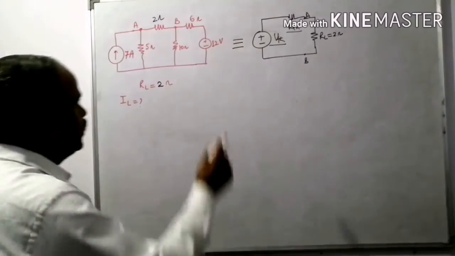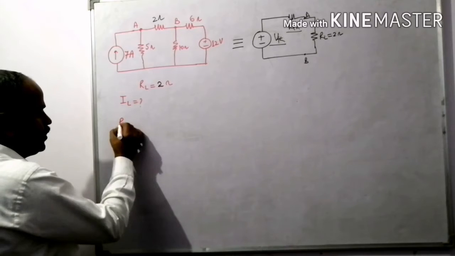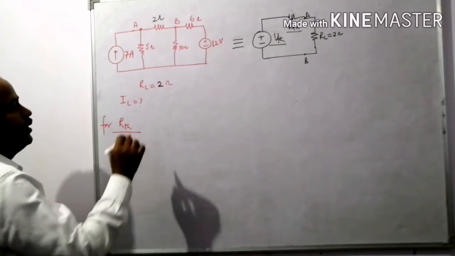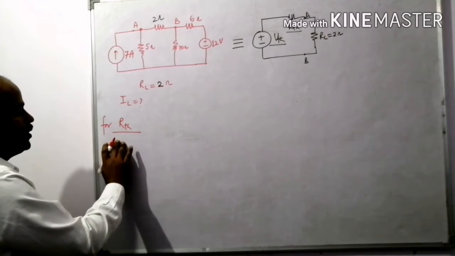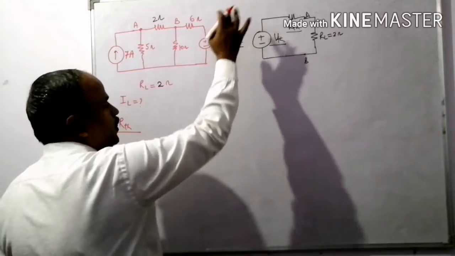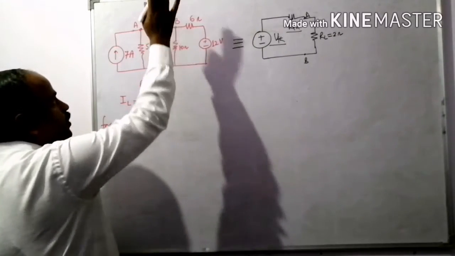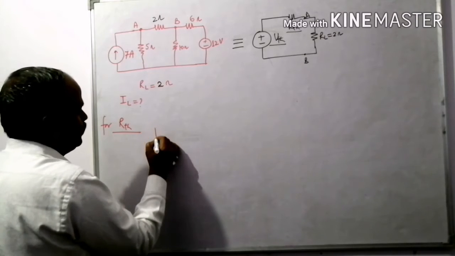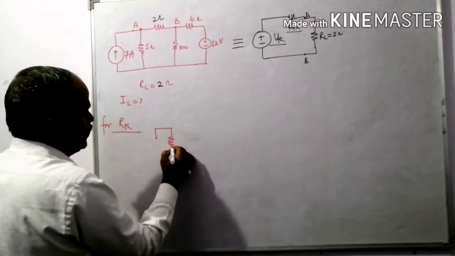In this series, now I am calculating RTH first. For RTH, right? So what is the procedure? Procedure is that open the current source and short circuit the voltage sources and remove the load and view from the load side. That's why this circuit becomes like this.